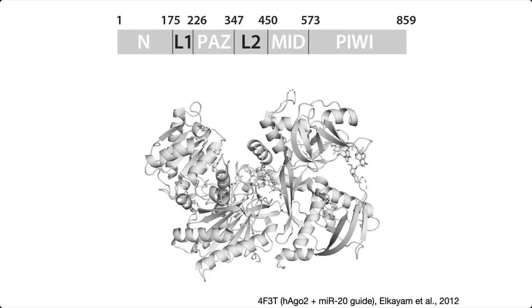To understand this, I need to first tell you a little bit about the structure of argonaute. And so this is the structure of argonaute that was solved by X-ray crystallography. So it's a technique where you can get atomic level detail of a protein structure. This is a level of structural detail that we cannot get from HDX-MS. Instead, with HDX-MS, we're getting information that we put on top of this sort of structural data.